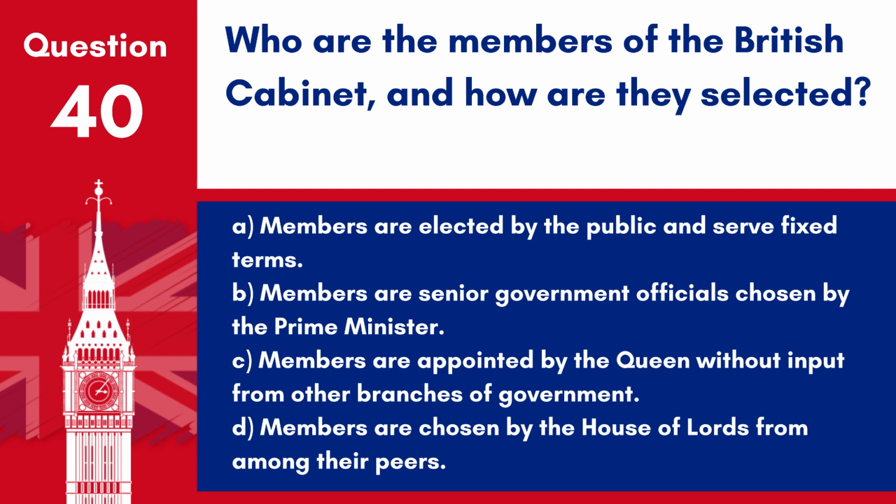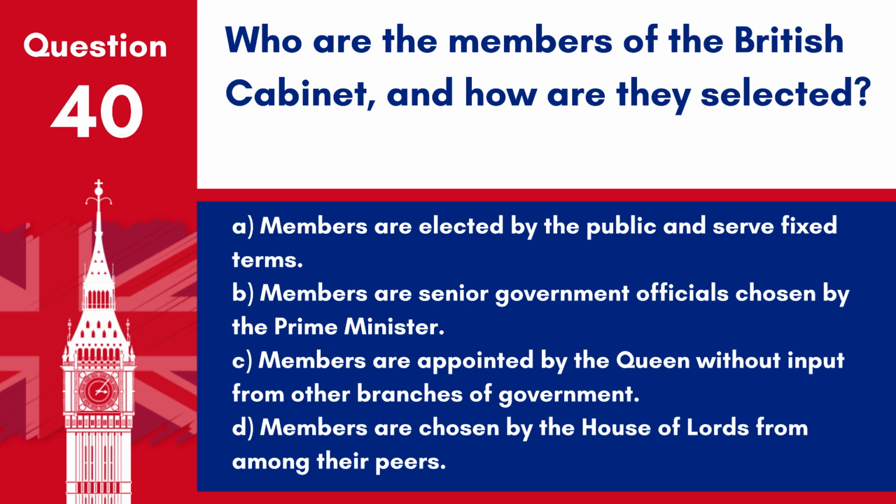Question 40. Who are the members of the British Cabinet and how are they selected? A. Members are elected by the public and serve fixed terms. B. Members are senior government officials chosen by the Prime Minister. C. Members are appointed by the Queen without input from other branches of government.